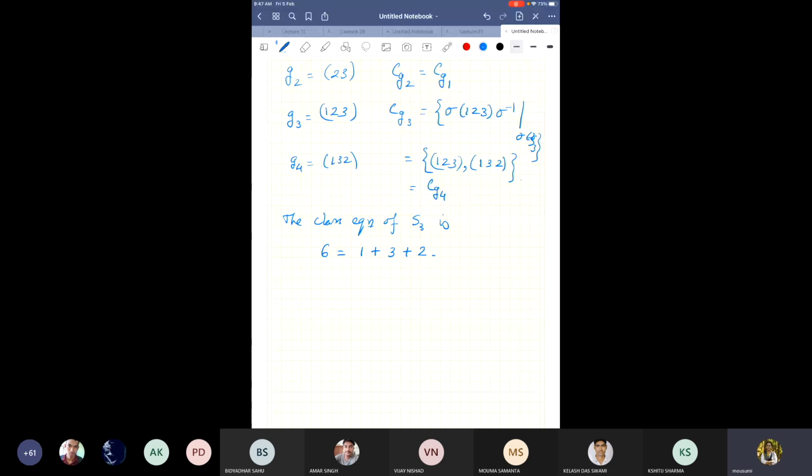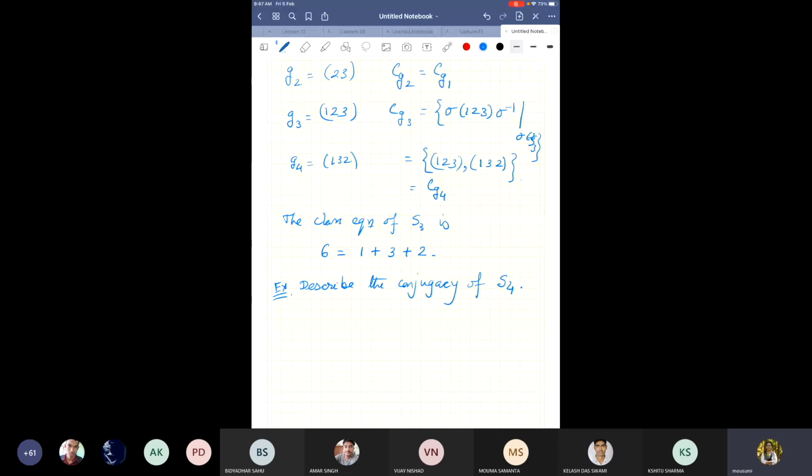Now I will give you a general exercise. This is also in the tutorial sheet, and we will discuss it in the next tutorial class. In general, for the exercise, I will ask you to describe the conjugacy classes of S4, and then try to generalize it for general n, Sn, which will have many choices.